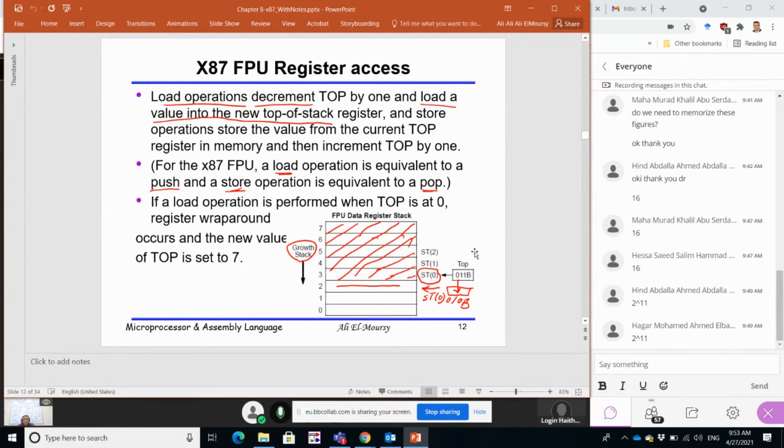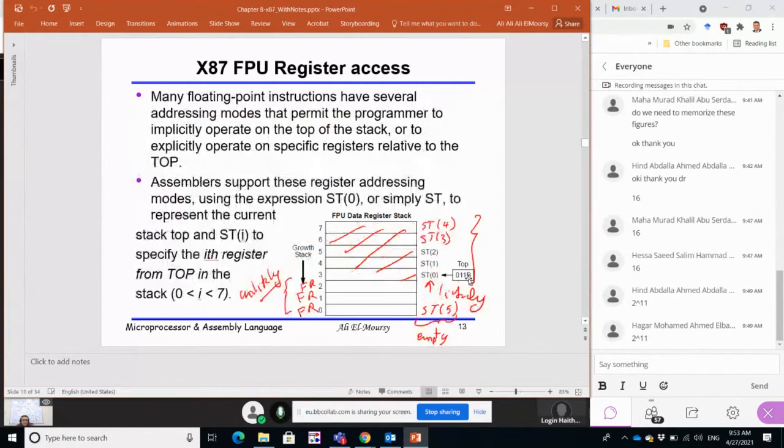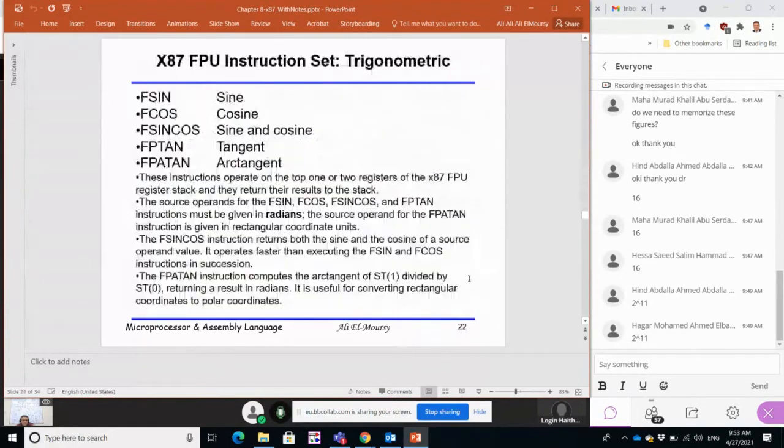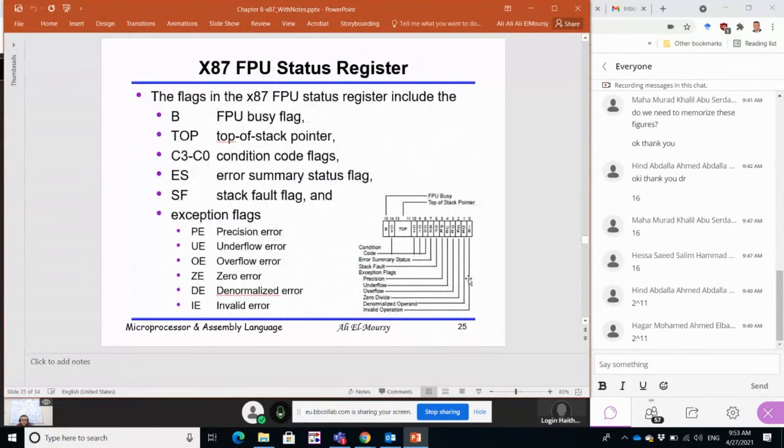You get the idea? A loading operation here will decrement the top by one location and will start populating the new top of the stack. The top of the stack is carried in what we call the status register, as we will see shortly.